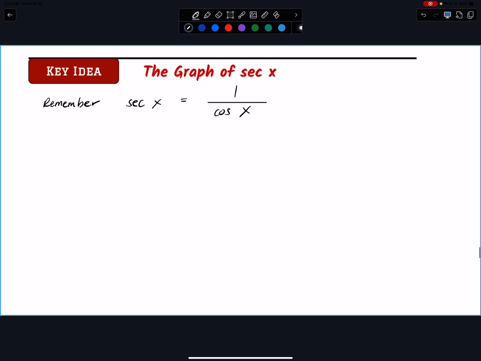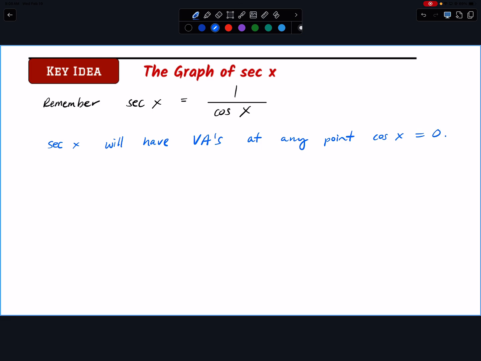So this means that this graph, why do I keep doing that? The secant graph will have vertical asymptotes at any point where cosine of x is equal to 0.